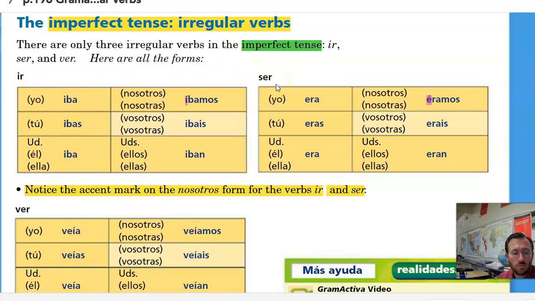Ser, the verb to be. Ver, the verb to see or to watch. And undoubtedly, you're going to be using all 3 of these for your project, especially the second one, the verb ser, and then more than likely the verb ir or ver when you're talking about the things you used to like to do with your family, or the things that you yourself used to like to do.